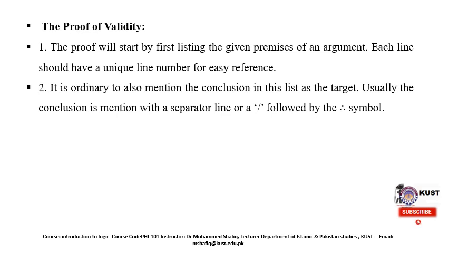It is ordinary to also mention the conclusion in this list as the target. Usually, the conclusion is mentioned with a separator line or with a forward slash followed by the symbol of three dots.